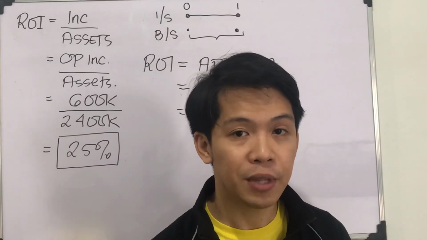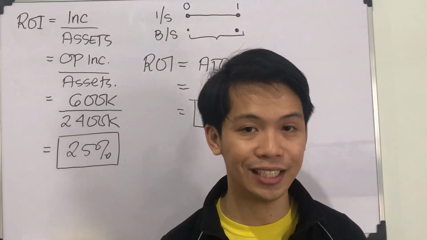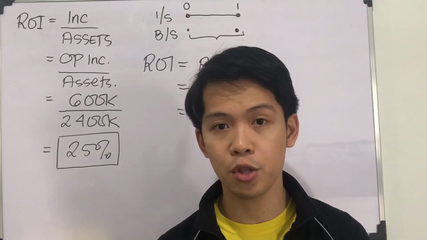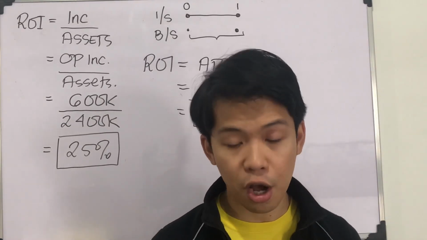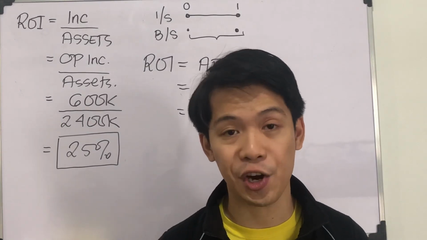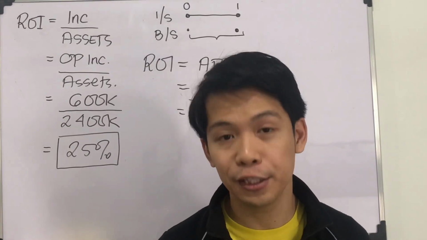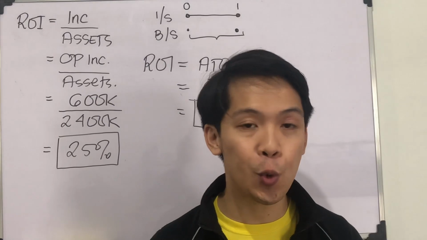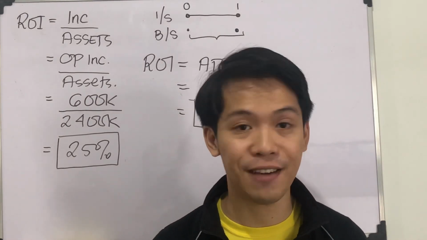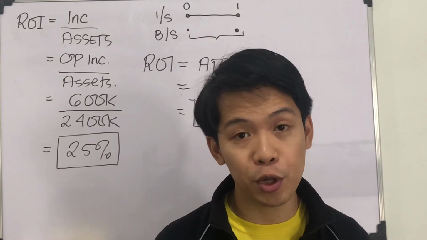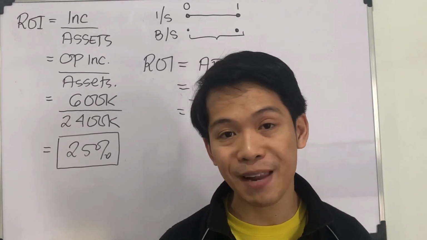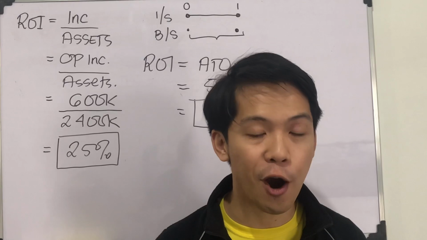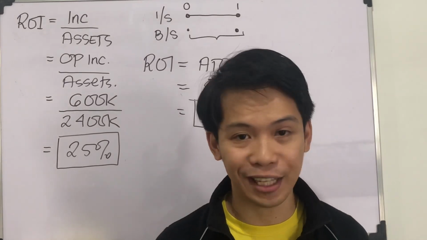In this way, every time you use your assets, that is, you sell them, there are profits that come in. A combination of these two would lead to a higher ROI. Thus, if you are going to communicate with a non-accountant or a non-finance professional, it would be useful to use the DuPont equation to explain what it means to calculate your ROI and why it is a good thing.